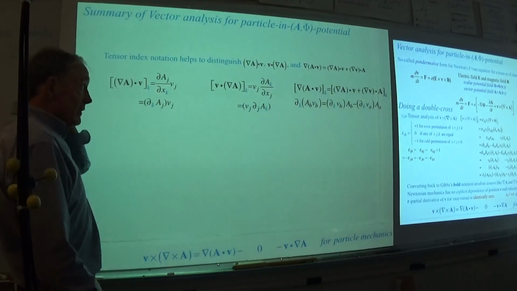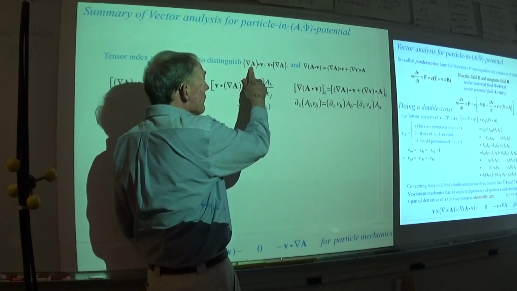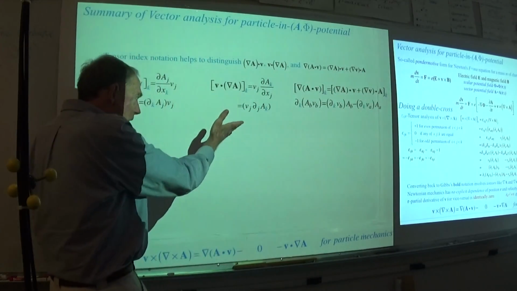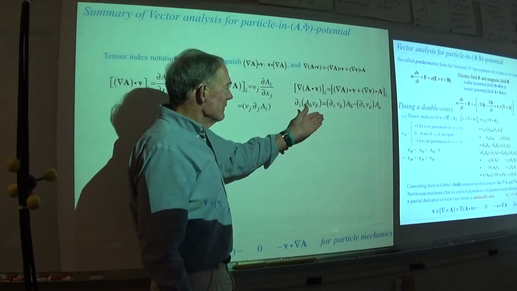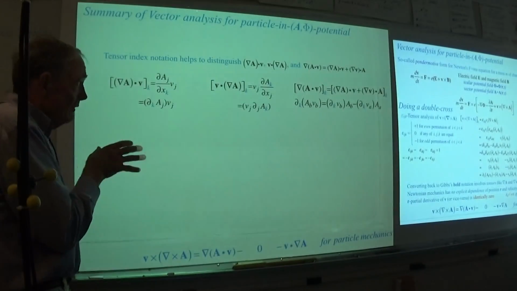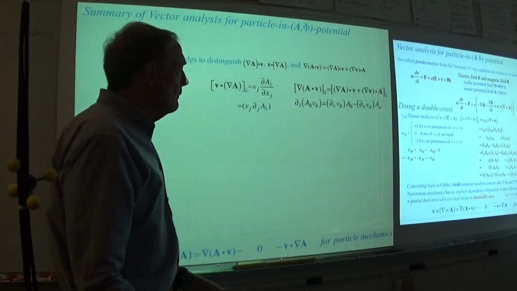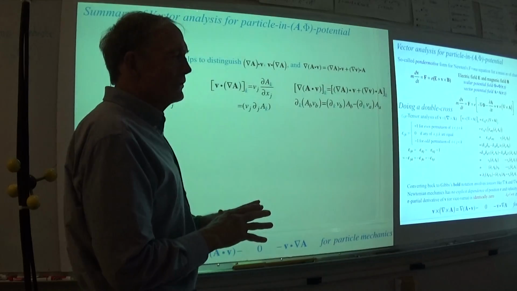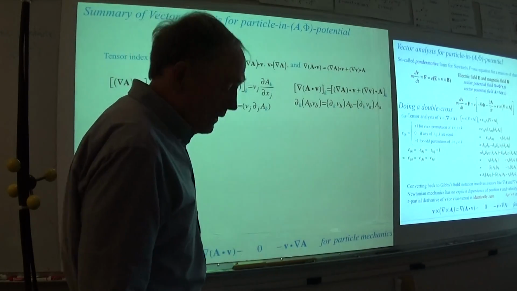This index notation really helps you to distinguish between, say, something that's a gradient of a, all those different things. You just write them out as components. Everything has an index. So you make tensors and vectors out of everything in a notational way. And then we say, okay, Gibbs, you've got nice shorthand, but it screws you sometimes. So we're doing the stuff that's on the second line there.